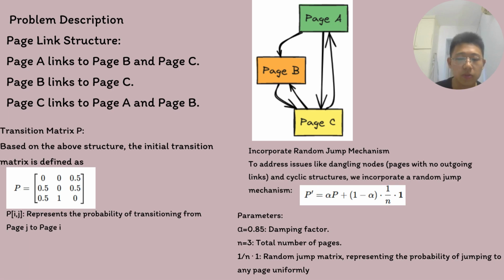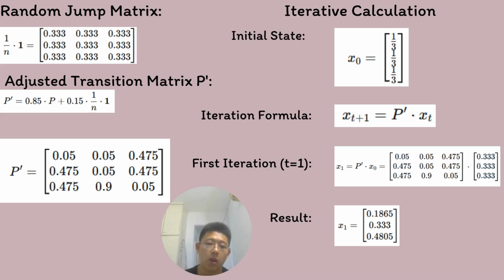Alpha equals 0.85 is the damping factor, and n equals 3 is the total number of pages, and the others form the random jump matrix. When we get the random jump matrix, we get the adjusted transition matrix. Then we use iterative calculation to get the result, and we can get the probabilities of A, B, and C.